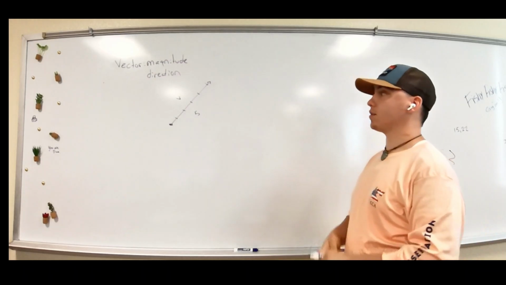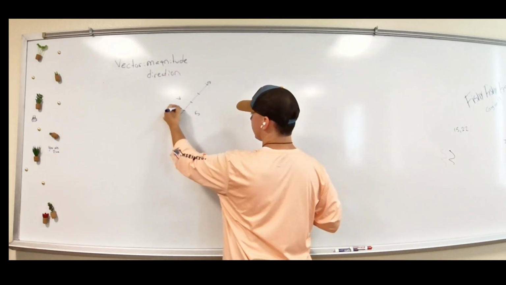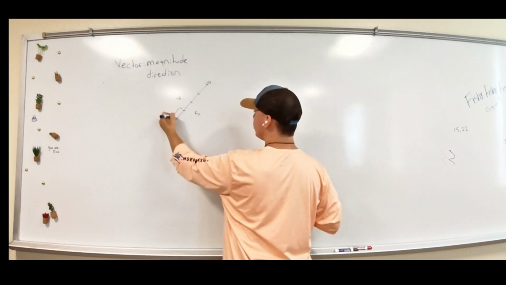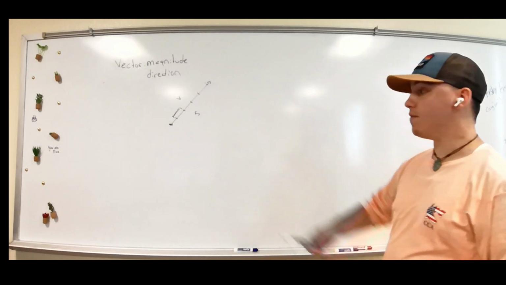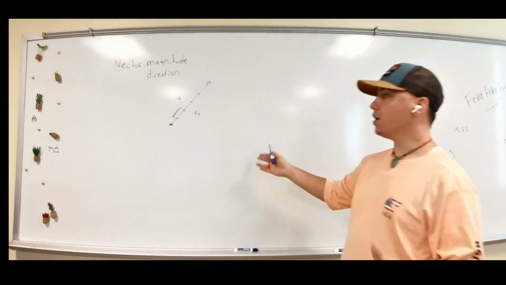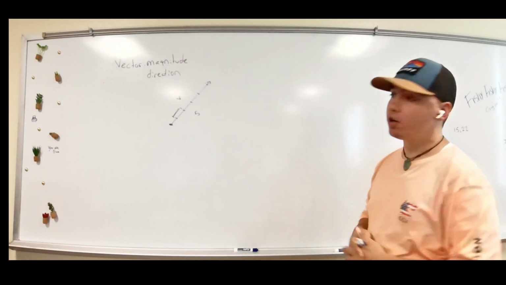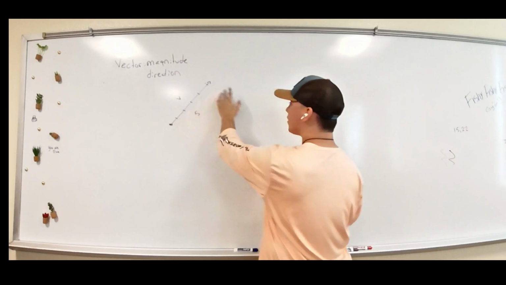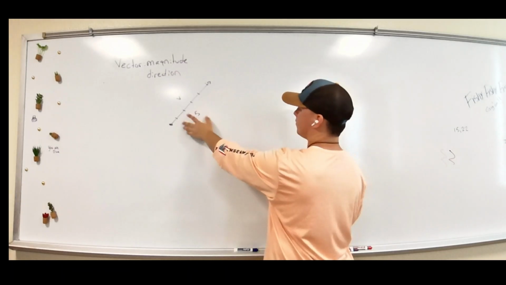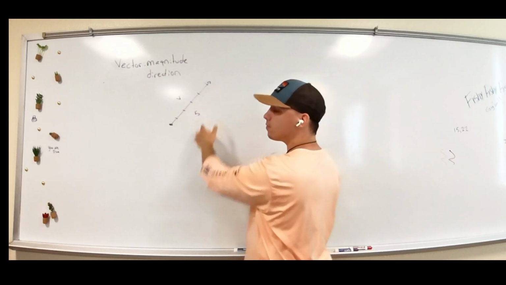A unit vector would be taking a single one of these, a single unit, a single meter out of our vector. And if it's temperature or anything else, you just take one. So how do you calculate that? Literally, how many of these are there? 5. So we just divide by the magnitude, 5.